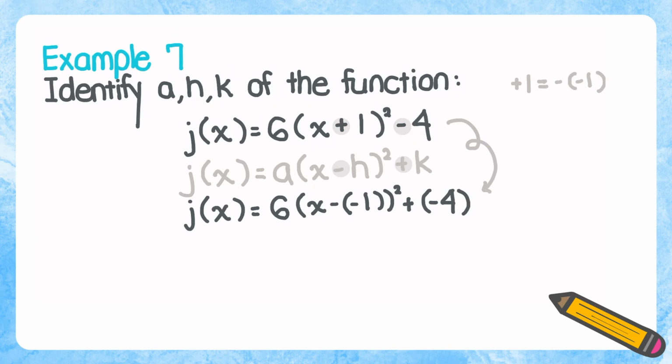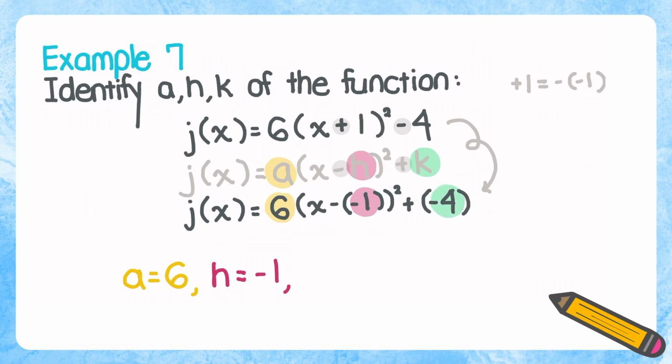Now let's find a, h, and k. A is replaced by 6, so a equals 6. H is replaced by negative 1, so h equals negative 1.